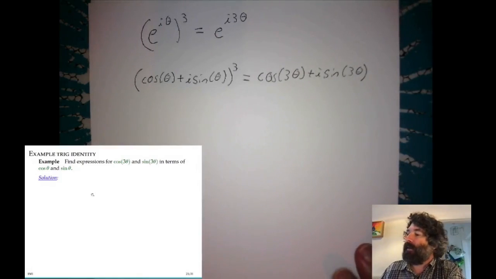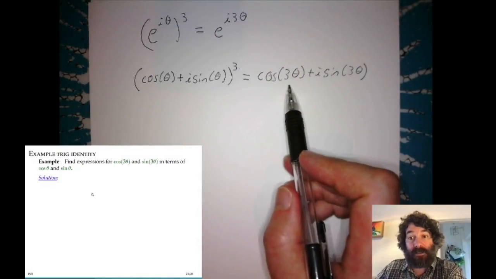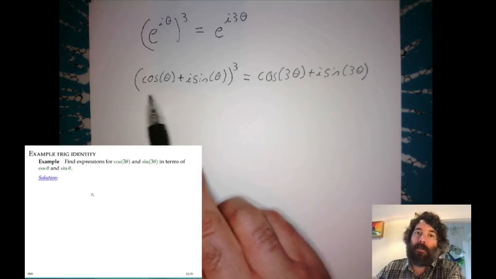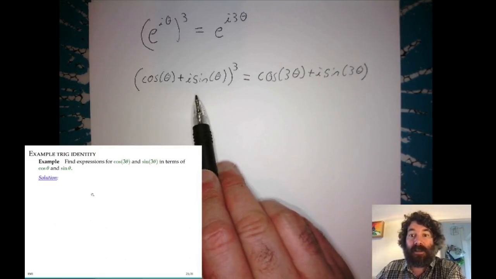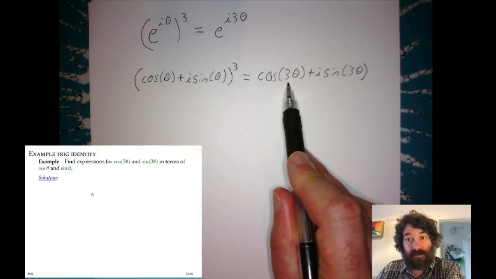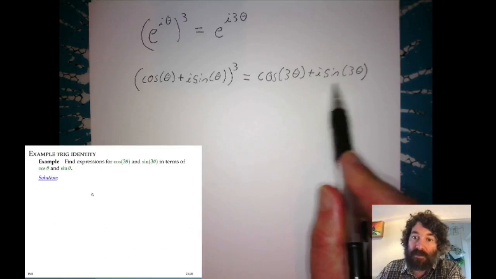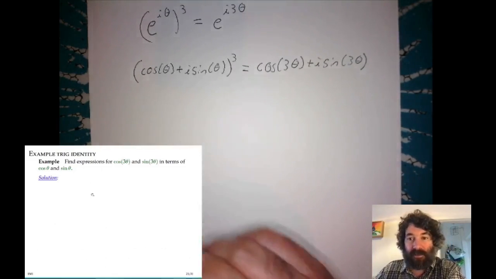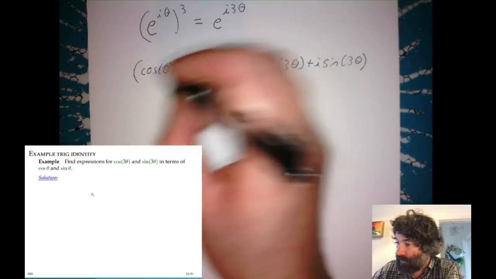Now we want to find identities for cosine of 3 theta and sine of 3 theta. We do that by multiplying out the left-hand side and then taking the real or imaginary parts. The real part is cosine of 3 theta, the imaginary part is sine of 3 theta. So let's multiply out the left-hand side. You can use the binomial theorem to multiply it out.